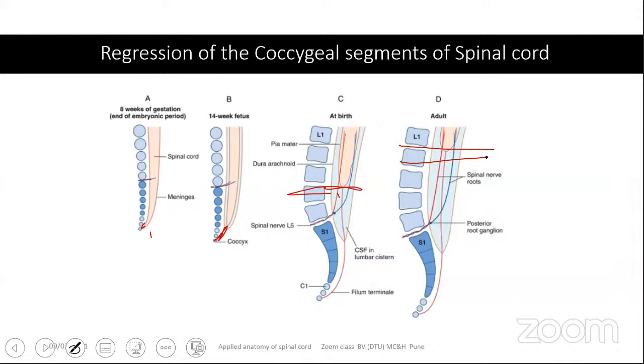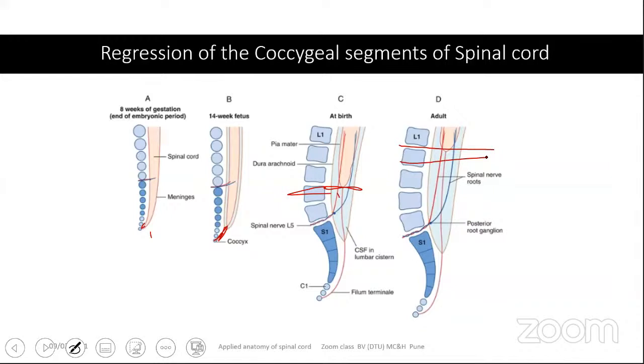These are the diagrams which will give you a clear picture of that. The spinal cord segments and the bony vertebral levels are compared because there is a regression of the caudal end of the spinal cord.